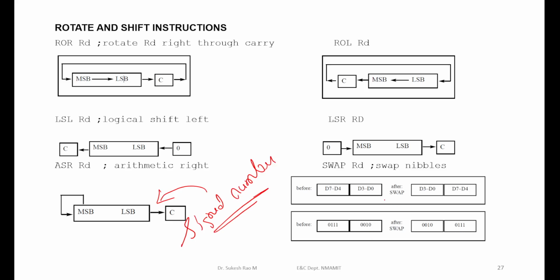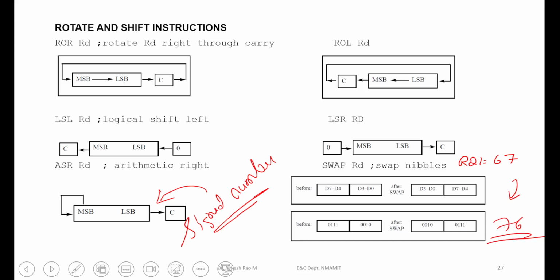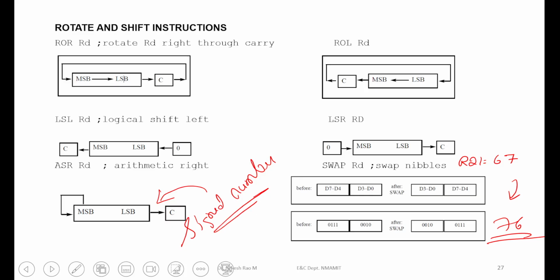It swaps nibble-wise. If R21 contains 67, after the execution of this it becomes 76. That's the meaning. So that's it about shift and rotate. I think I've covered some main instructions. Further instructions I will do in the next class.